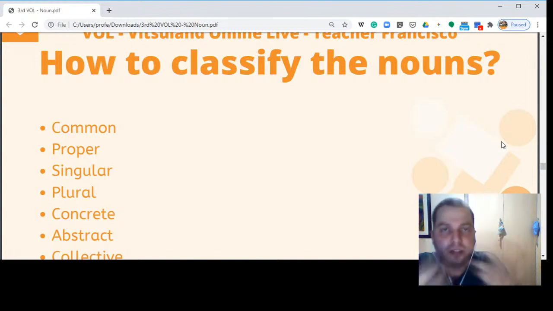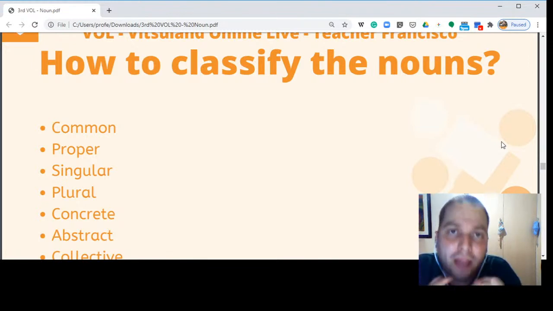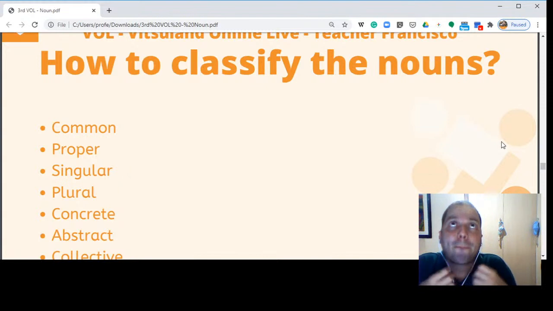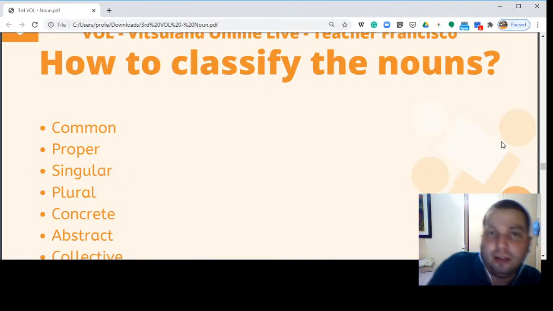It depends on the situation, but we can feel them in a direct way. So these are concrete nouns.